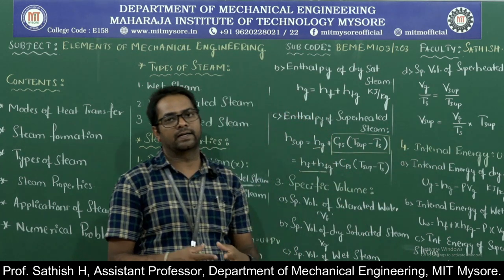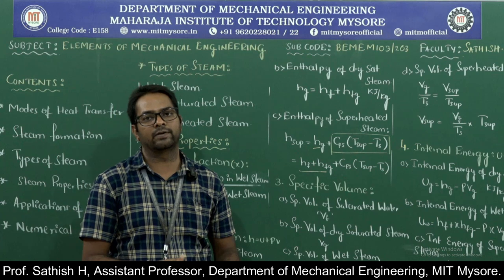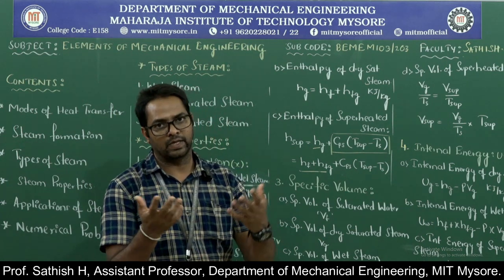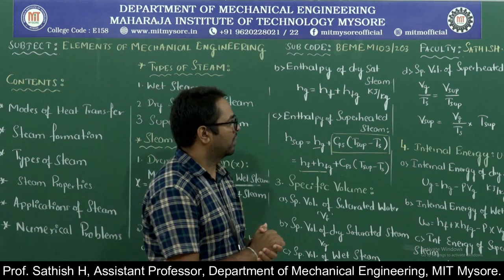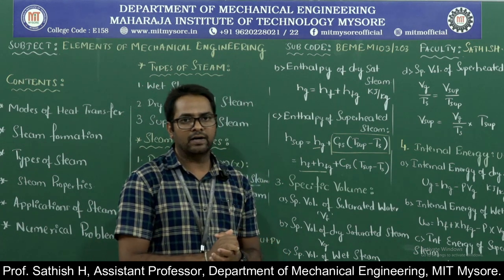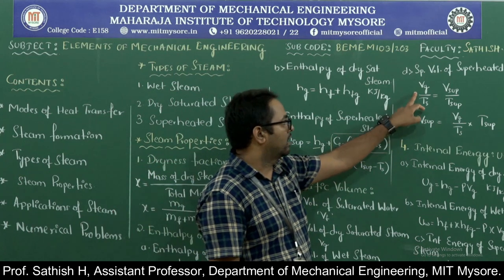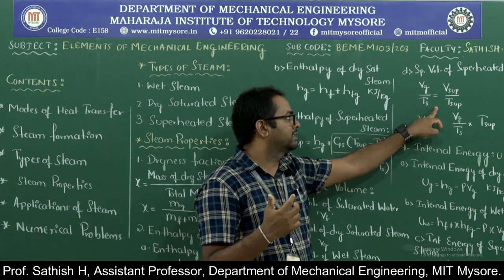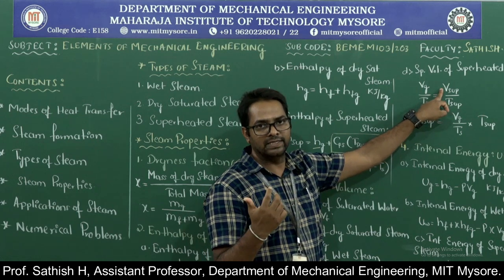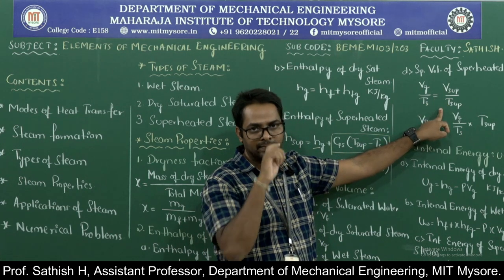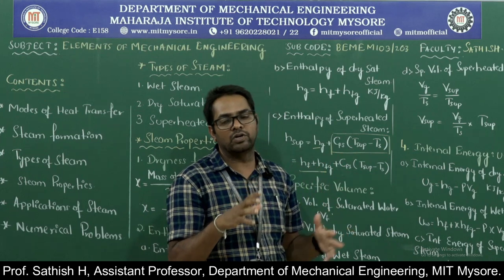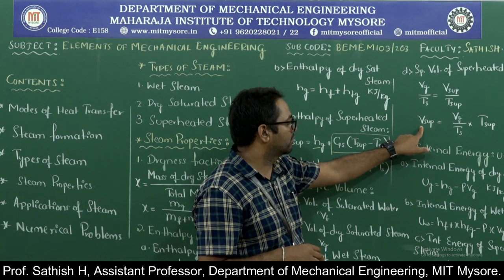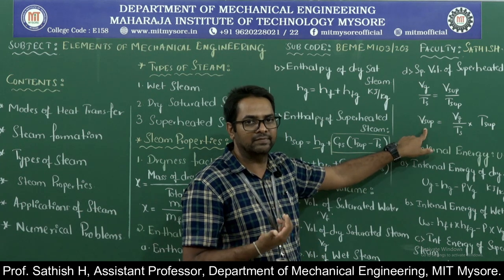And similarly we have the specific volume of superheated steam. It is the volume occupied by 1 kg of superheated steam. According to Charles law, the volume occupied by the dry steam at the saturation temperature is proportional to the volume occupied by the superheated steam at the superheated temperature. We are interested in the volume at the superheated temperature, so we keep it on the left hand side of the equation.